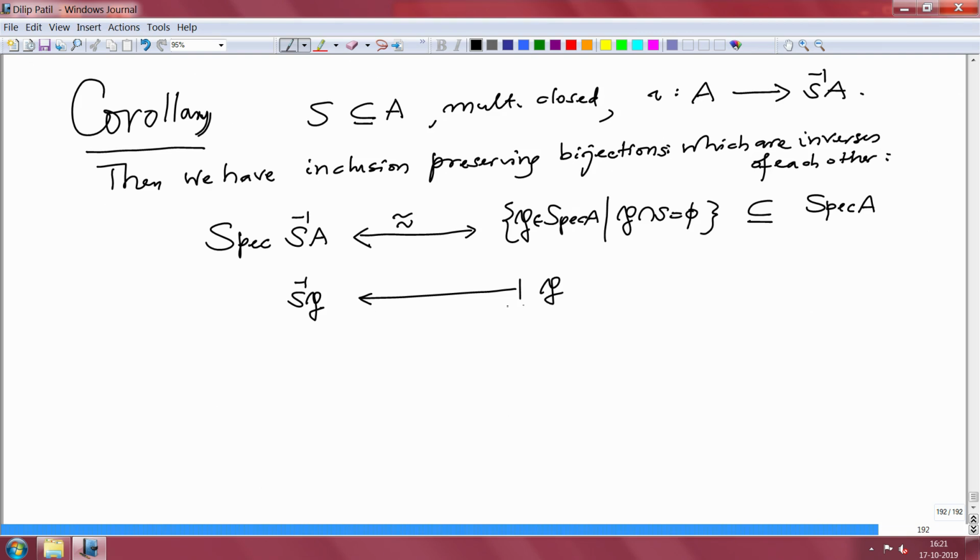So one is this map, and what is the other map? If you have capital P, simply you take the contraction. So that is iota inverse of capital P.